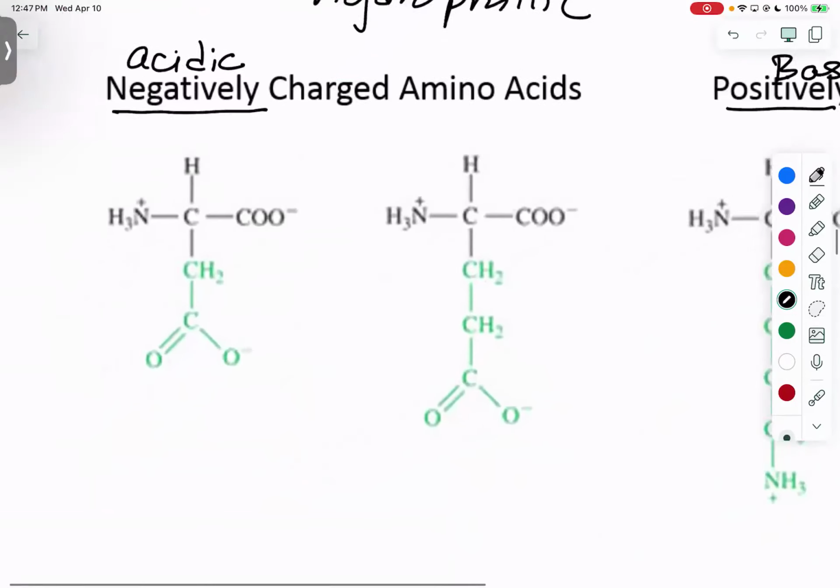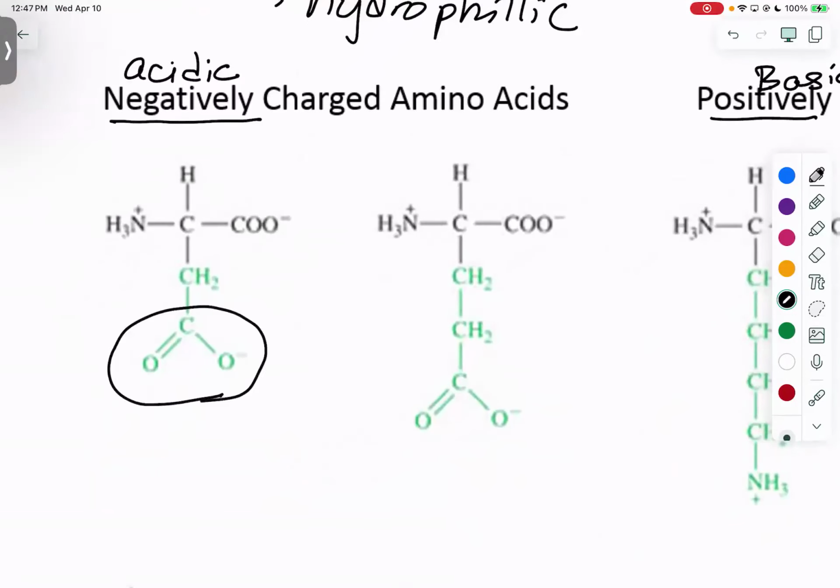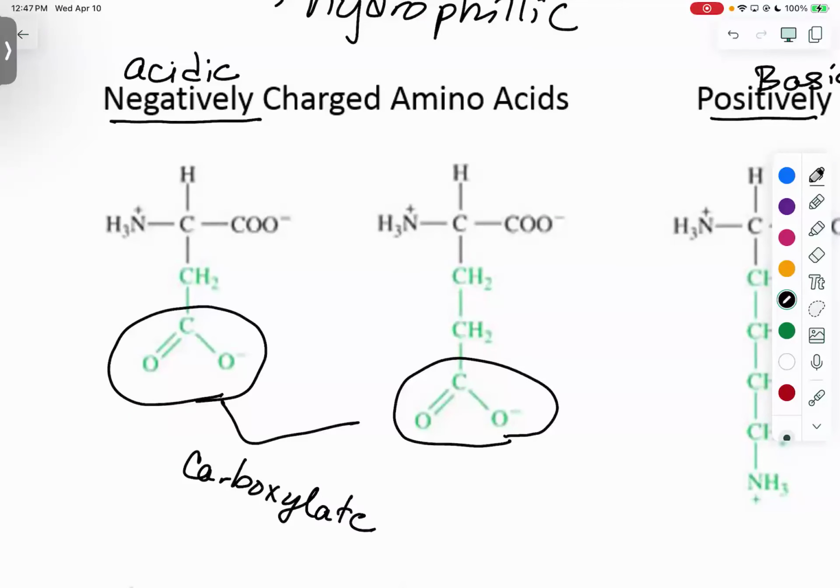So if you look at the acidic ones, what functional group is that? Carboxylic. It's really a carboxylate that came from a carboxylic acid. So this is why we call them acidic, because when we put them in water, they donated that proton.